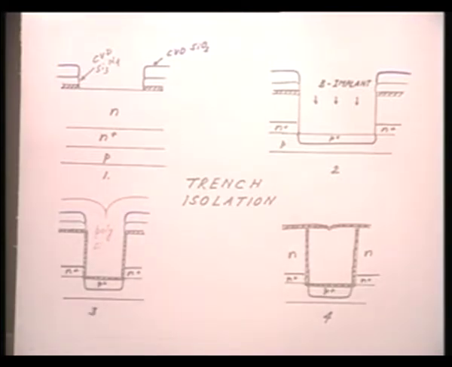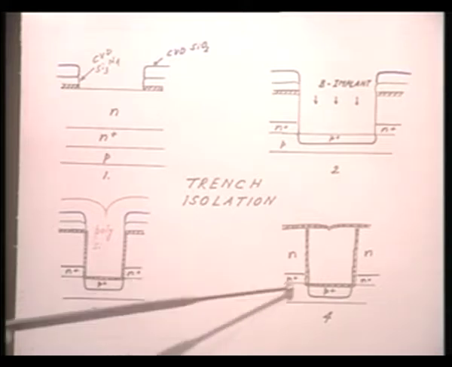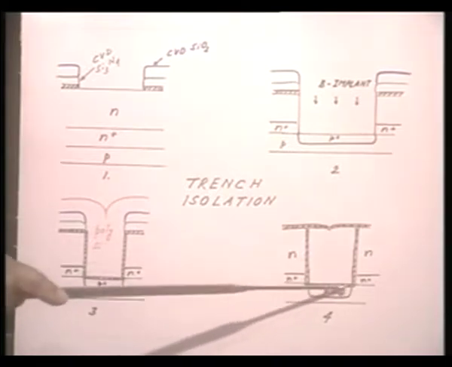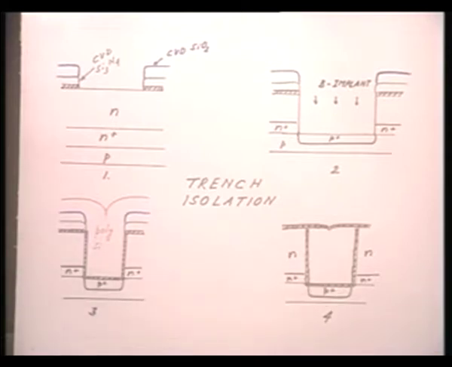So, there is a possibility that this channel could start conducting, in which case these two N plus regions will no longer be isolated. So, how do you prevent that? By putting a very heavily doped P plus region here. If the substrate of the MOSFET is very heavily doped, it is more difficult to invert the surface, right.